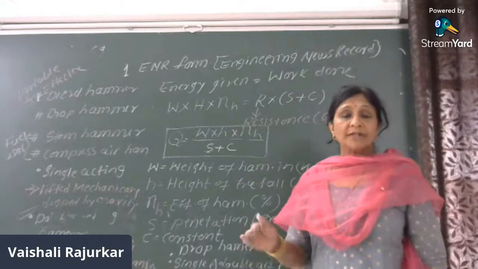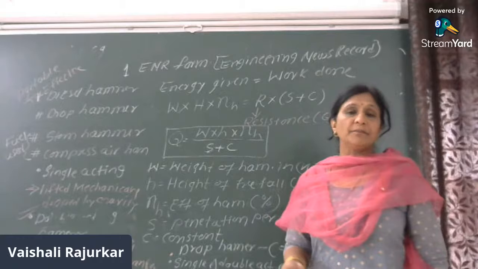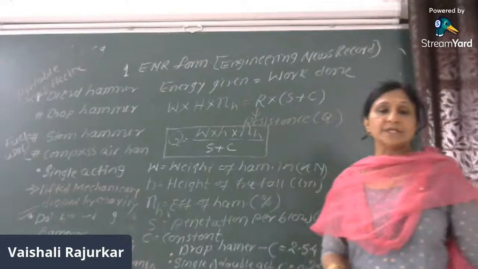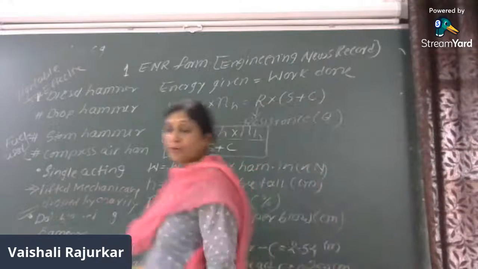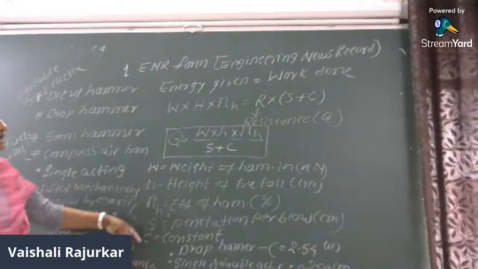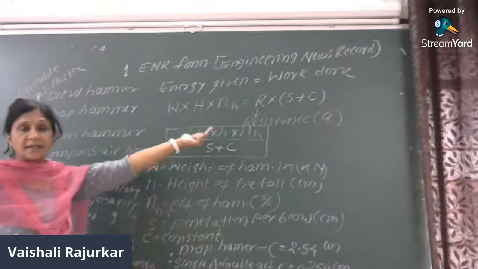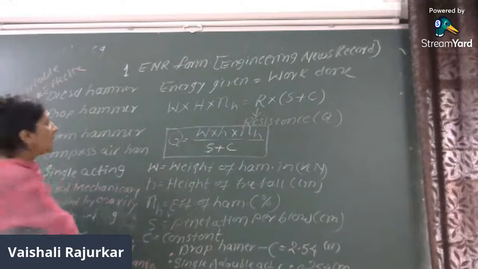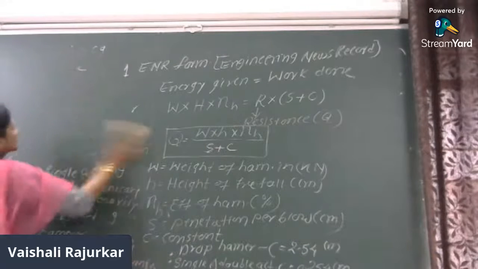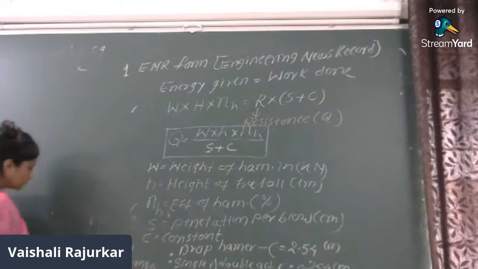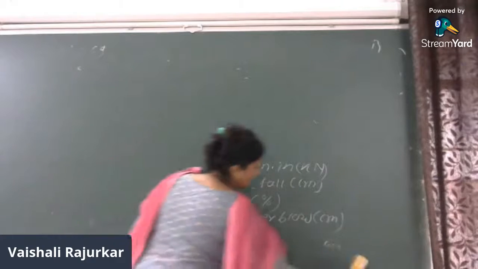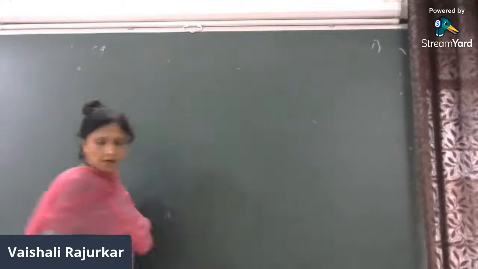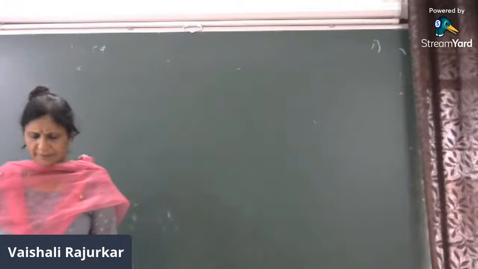Further, the formula was modified, and then it is called the Modified Engineering News Record formula, where the same parameters are given, but some additional things are added.